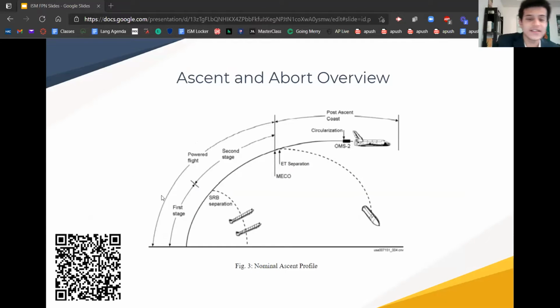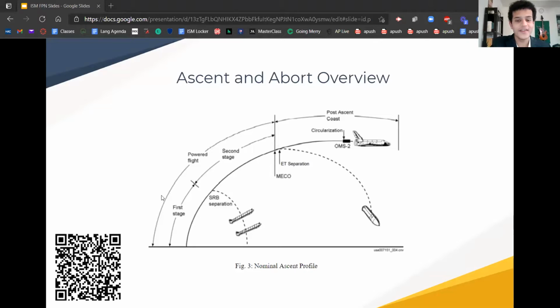All right, let's discuss the ascent profile of the space shuttle. The diagram here is what's called the nominal ascent profile of the vehicle. In aerospace engineering, the term nominal is used to describe something that is within the acceptable limits, or ideal, or more like ideal enough to not abort.